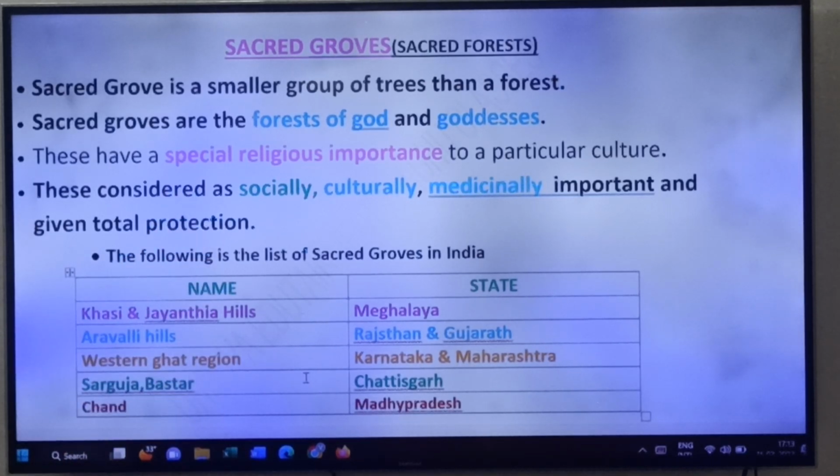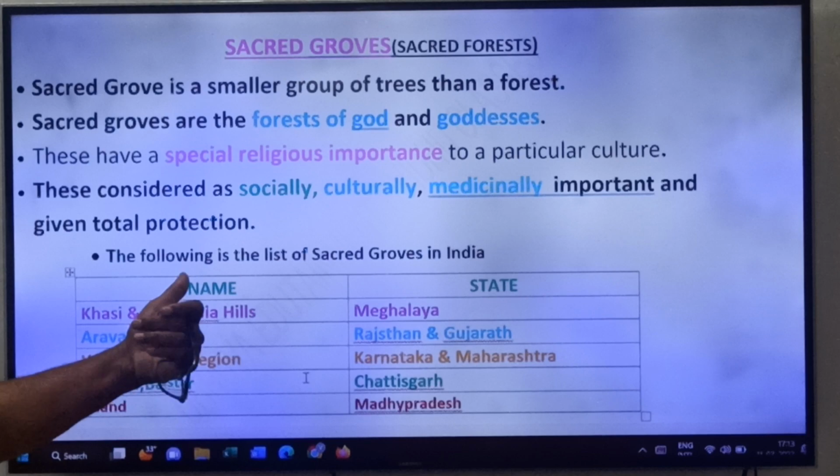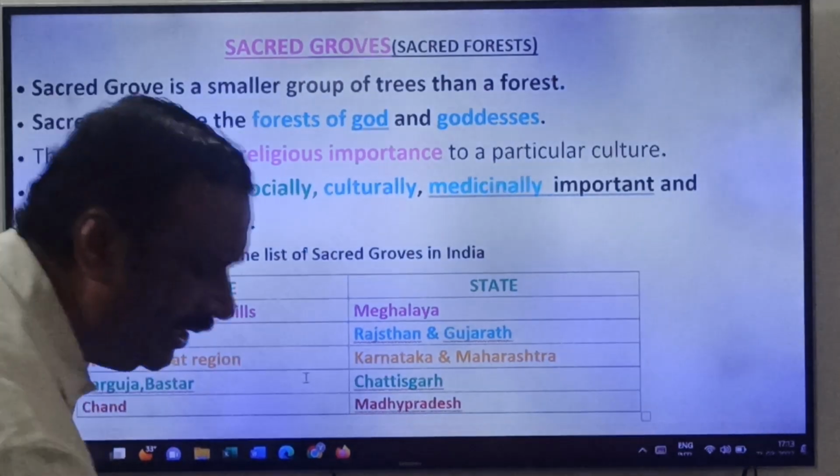These are considered socially, culturally and medicinally important and are given total protection. See, friends, in India, there are 5 sacred groves.